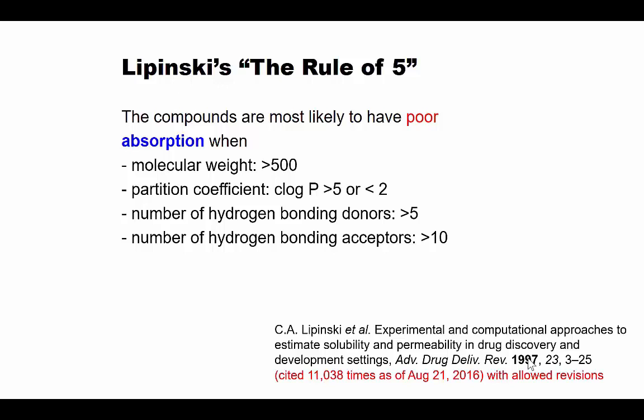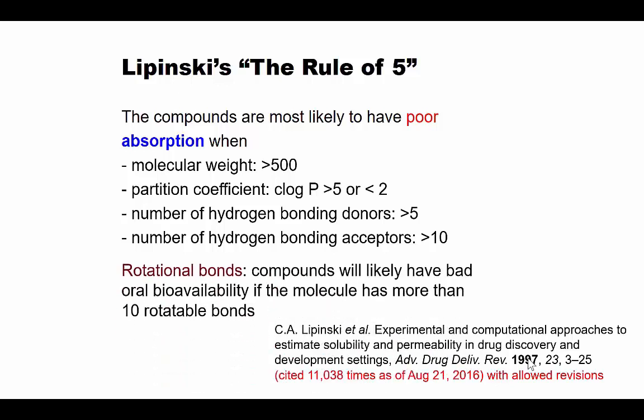If one paper has been cited more than 10,000 times, it may have quite a good chance to get the Nobel Prize. Interestingly, this paper is so popular that multiple versions of revision of the original paper have been published and updated.